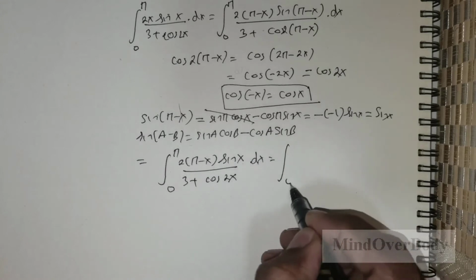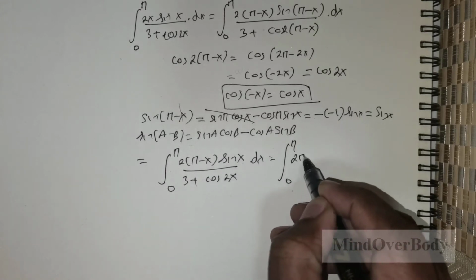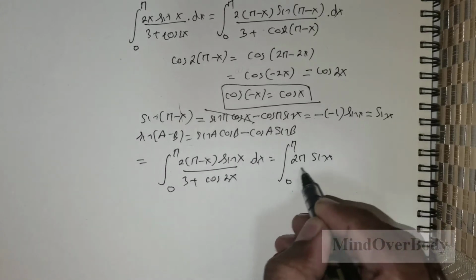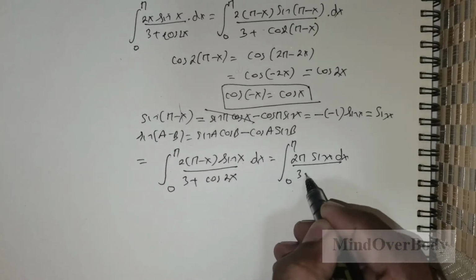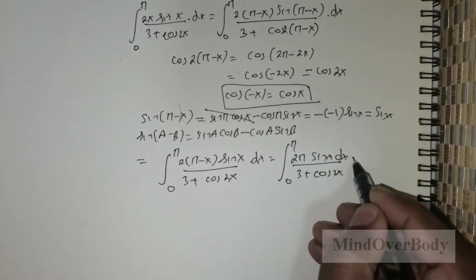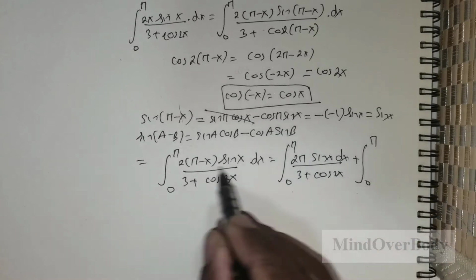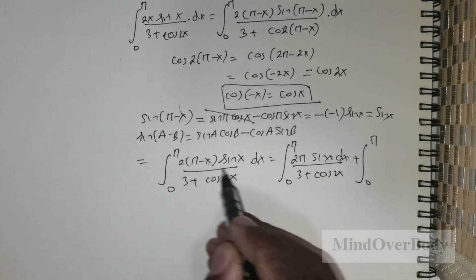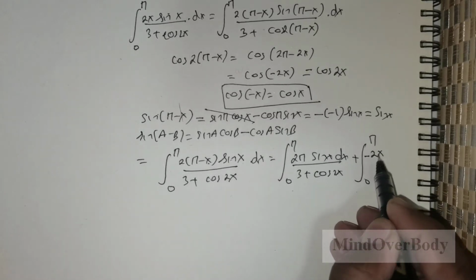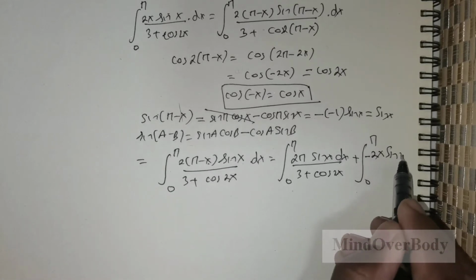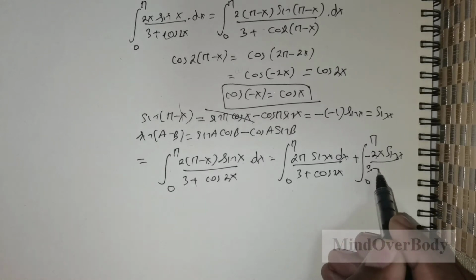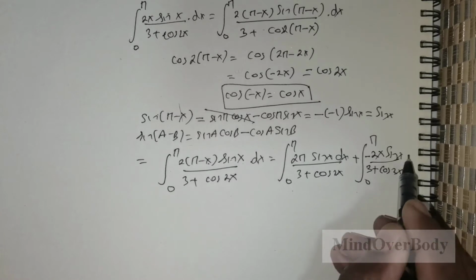I can rewrite this as integral 0 to pi by 2 of pi times sine x times dx divided by 3 plus cos 2x, plus integral 0 to pi by 2 of negative x, so it's going to be negative 2x times sine x divided by 3 plus cos of 2x times dx.